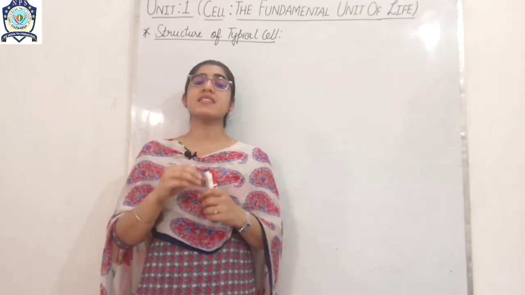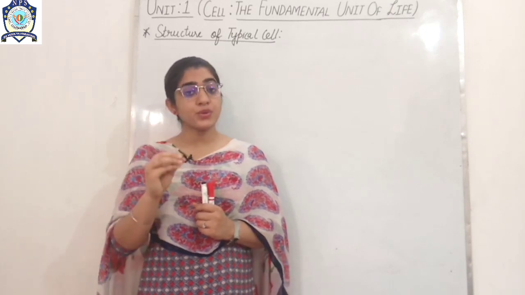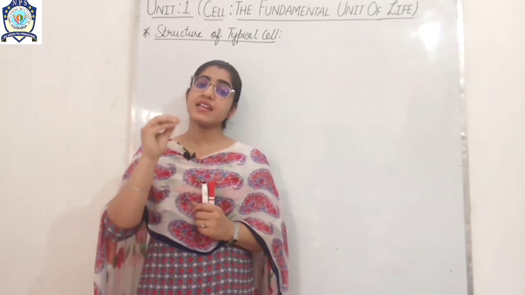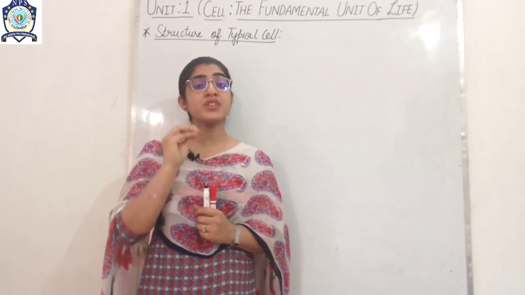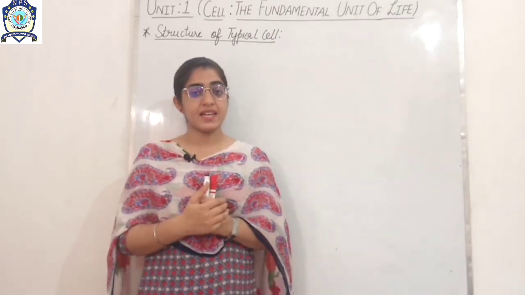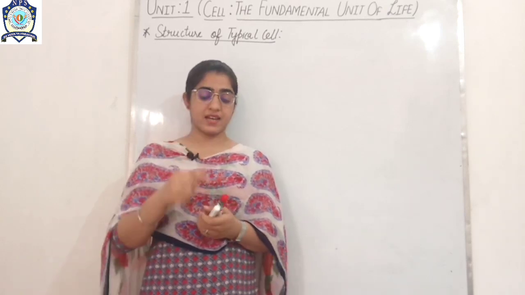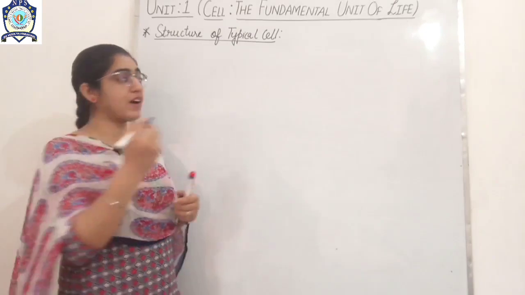So a typical cell is nothing but a modern cell, or you can say a generalized cell diagram which represents the components of a cell. That is called the typical cell. So how can we simply define it?